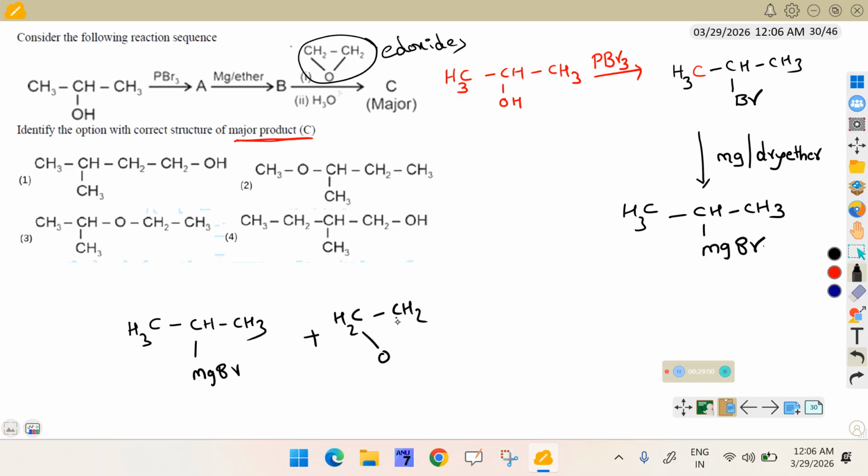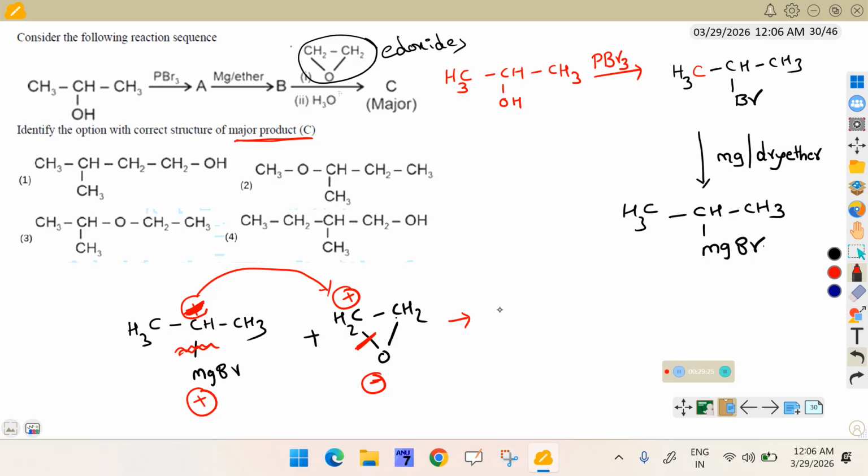Break the bond between carbon and oxygen. Then oxygen gets a negative charge, carbon gets a positive charge. Break the bond between the alkyl group and magnesium. The alkyl group gets a negative charge, MgBr gets a positive charge. Now the negatively charged alkyl group will attach here.